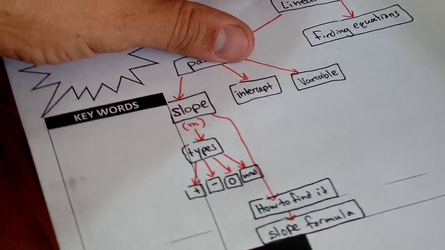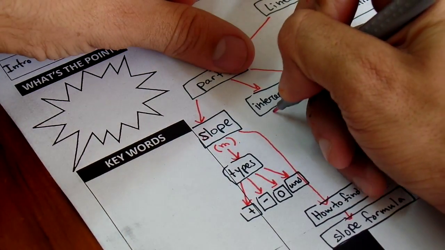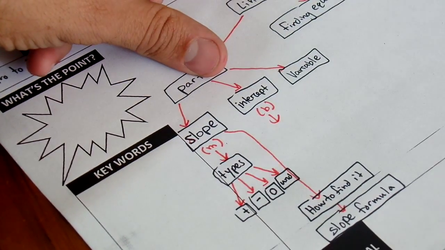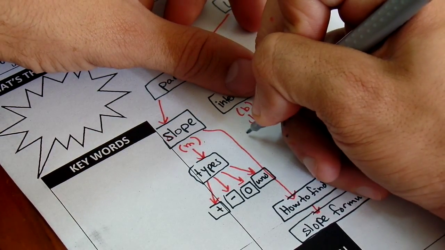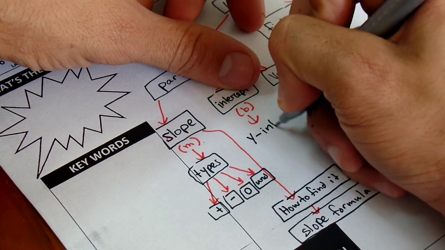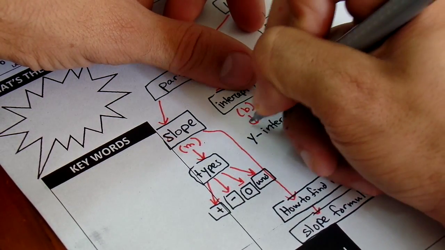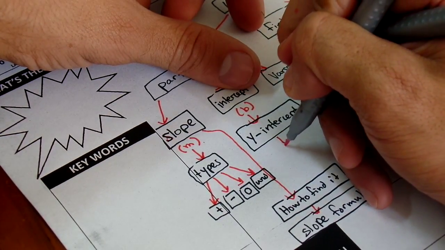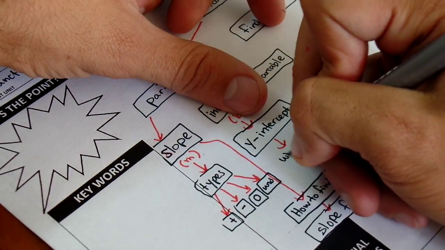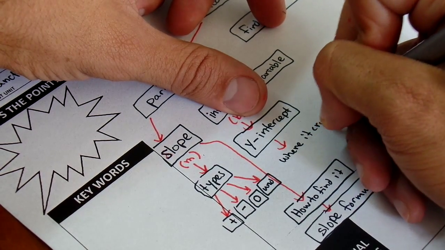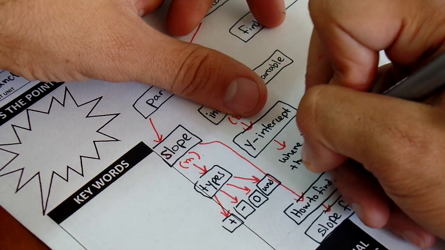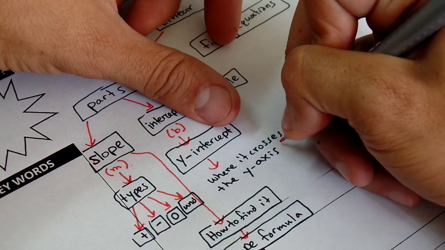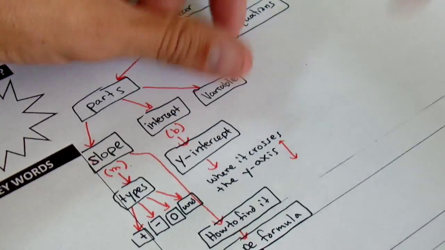Now our intercept is what we call B, and that is specifically going to be y-intercept. Or specifically where it crosses the y-axis, which is the axis that goes up and down.